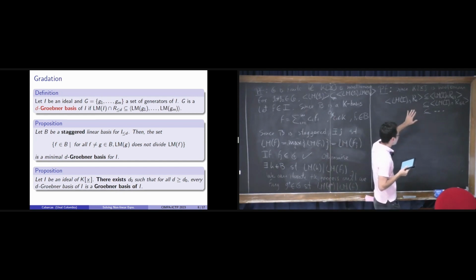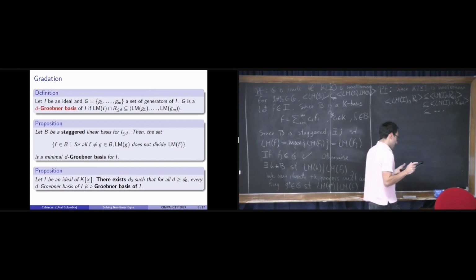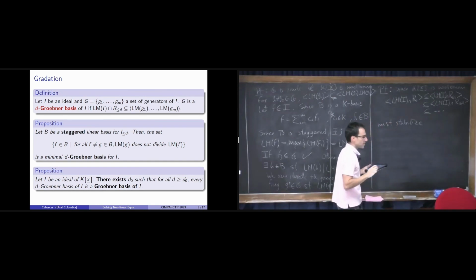These are all ideals, and they are contained one inside the other. So that sequence must stabilize, so that at some degree D, you don't grow anymore.